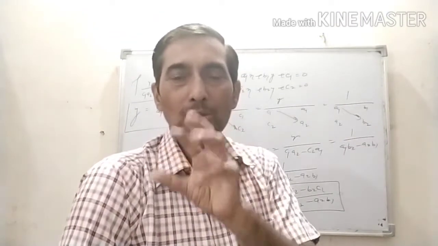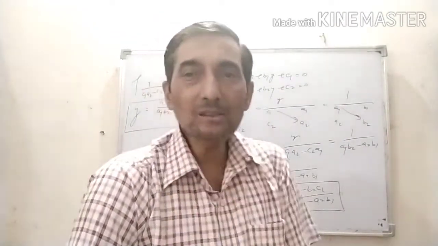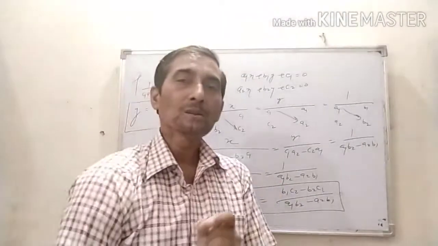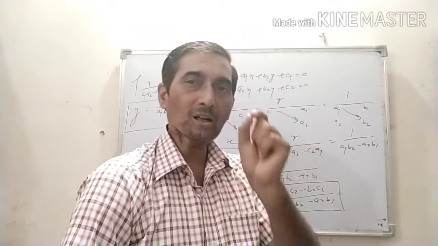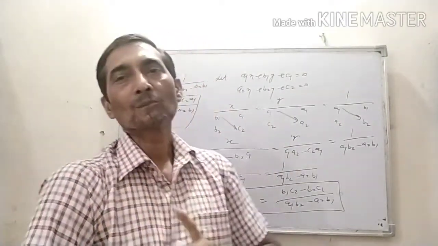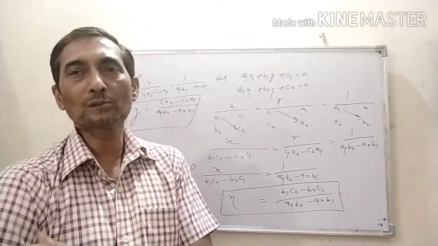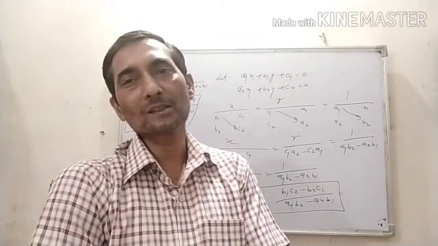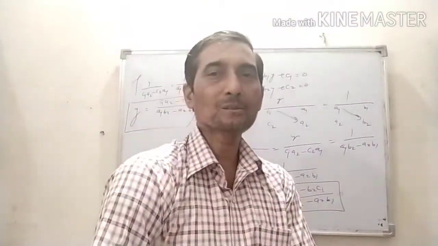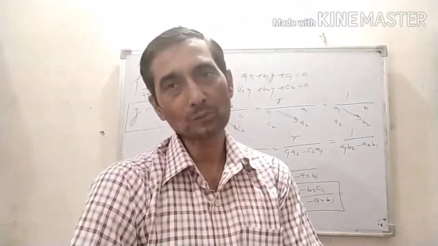If your equation is given in standard form, then there is no problem. But if your equations are not in standard form, then first of all your work is to arrange your equations into the standard form, that means ax plus by plus c equals 0.